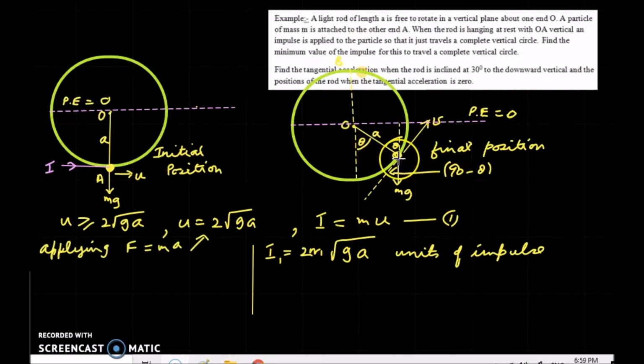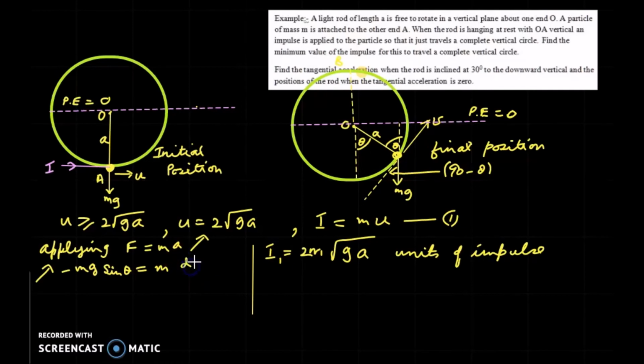Now we apply F equals ma, that is Newton's second law of motion, to this particle in this direction along v. Then the force along this direction is minus mg sine theta. That equals m into the acceleration. When the velocity is v, the acceleration along this direction is dv by dt.